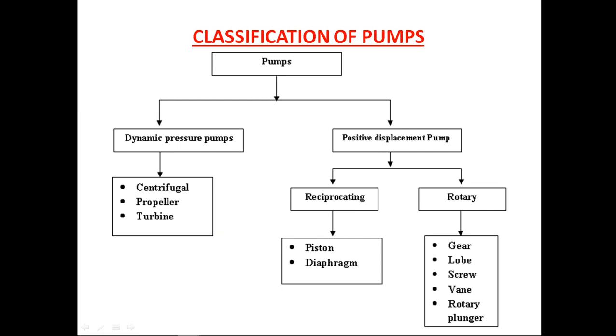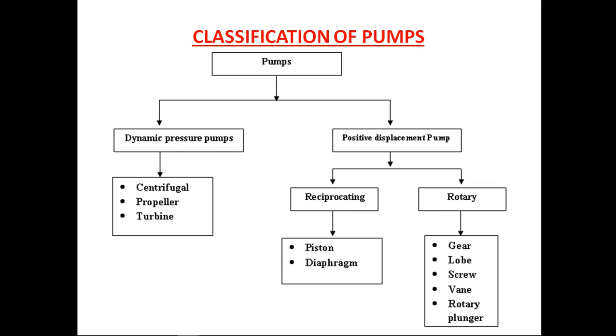A positive displacement pump has an expanding cavity on the suction side and a decreasing cavity on the discharge side. Liquid flows into the pump as the cavity on the suction side expands and the liquid flows out of the discharge as the cavity collapses.